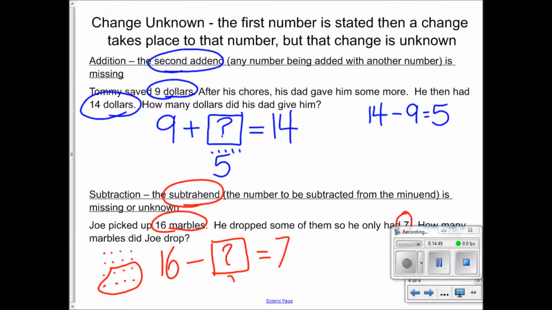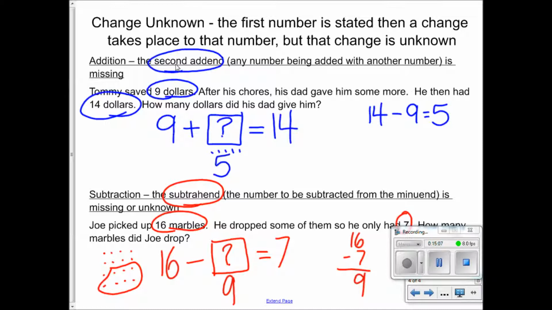He dropped 9. Or I can say 16 minus 7 equals 9. That is called the change unknown. The second number in the number sentence is missing. Or in an addition problem, the second add-in. In a subtraction problem, the subtrahend is missing.